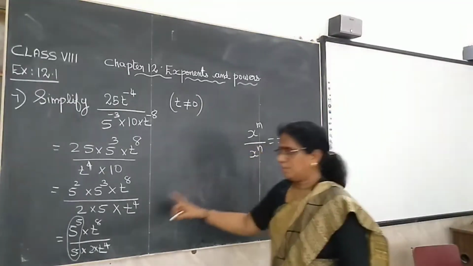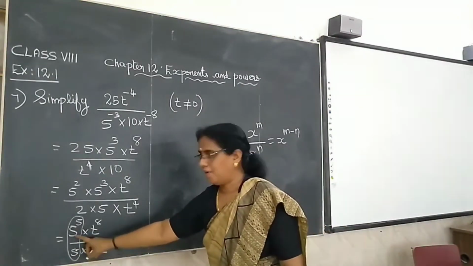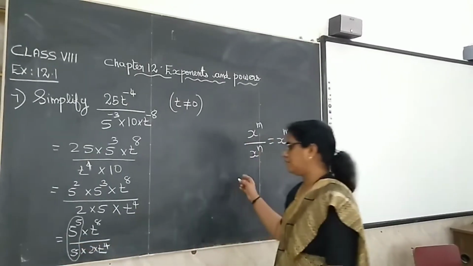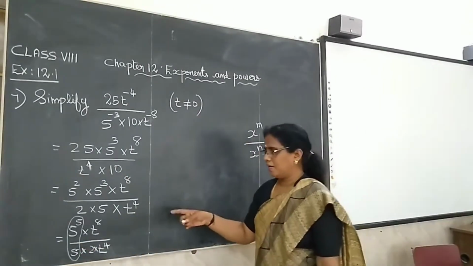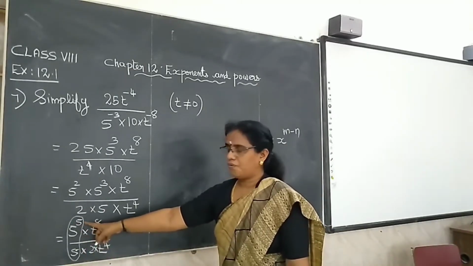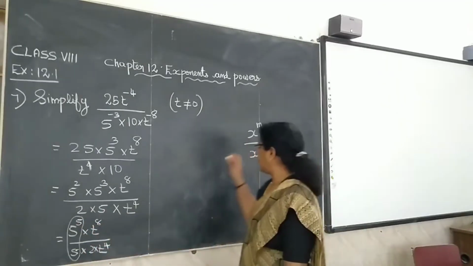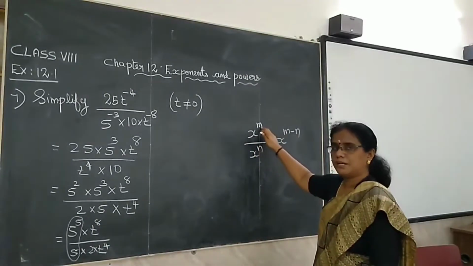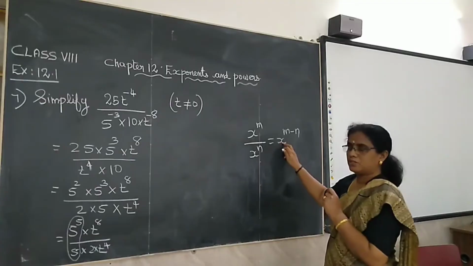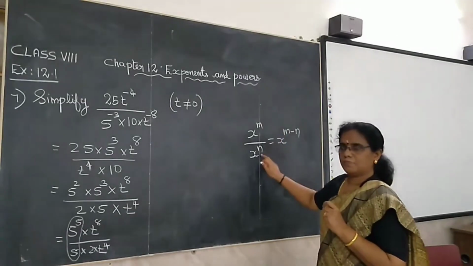Here you can see the base is the same, 5 raised to 5. 5 means 5 raised to 1. If a simple number is written, that means it is raised to 1. So by simplifying, we can write it as 5 raised to 5 minus 1. We are applying this property, x raised to m divided by x raised to n. For the answer, we have to subtract the powers.